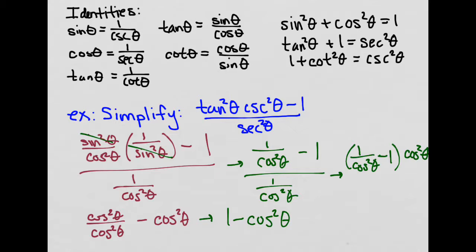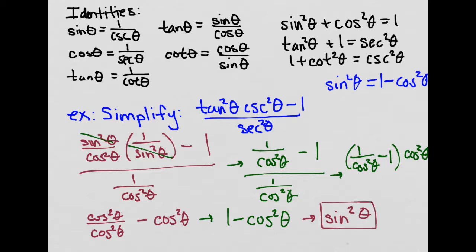If we subtract cosine squared theta from both sides, we will get sine squared theta is equal to 1 minus cosine squared theta. Therefore, 1 minus cosine squared theta equals sine squared theta. We can rewrite this green expression as simply sine squared theta. And that would be our simplified function.